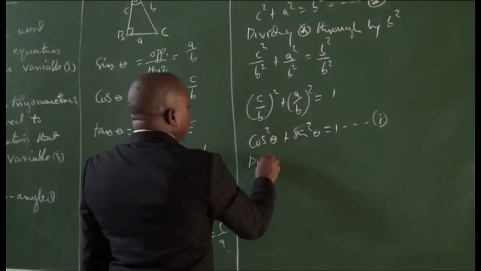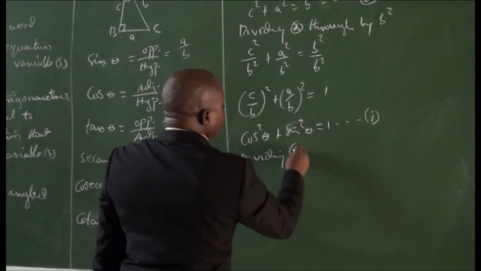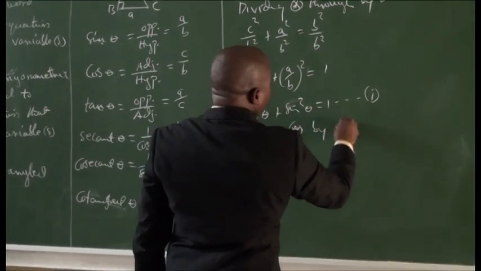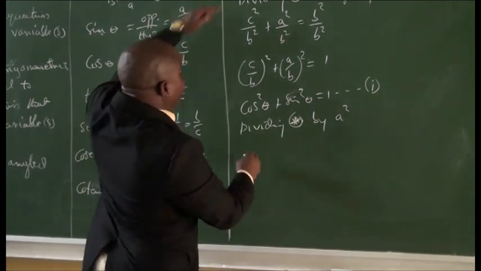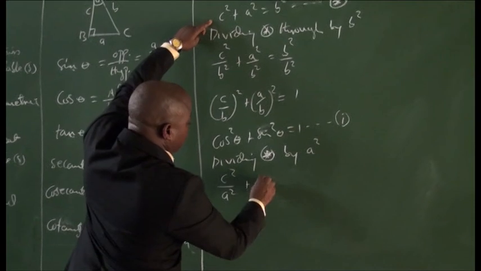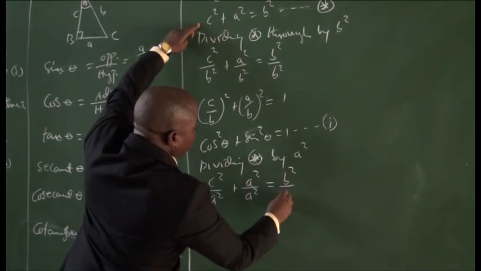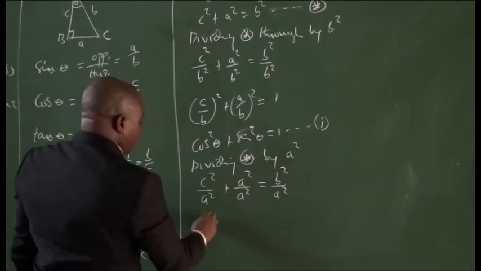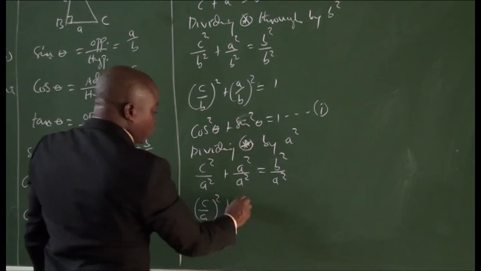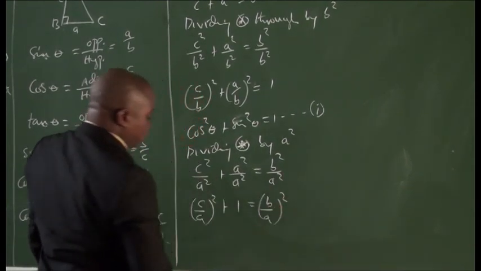Right. Now, dividing the star equation by A square, we will have C square over A square plus A square over A square equal B square over A square, which we can write as C over A all squared plus 1 equal B over A all squared.